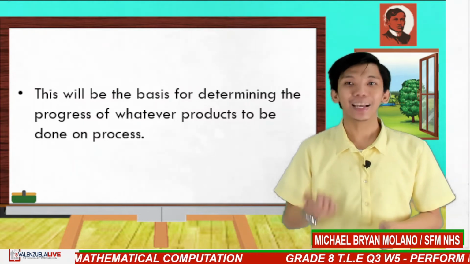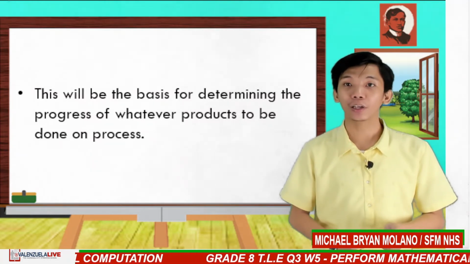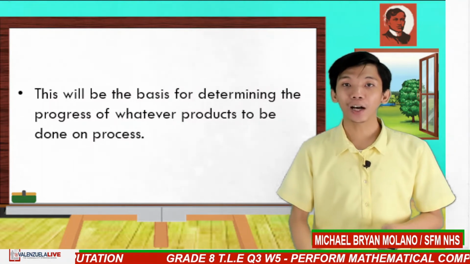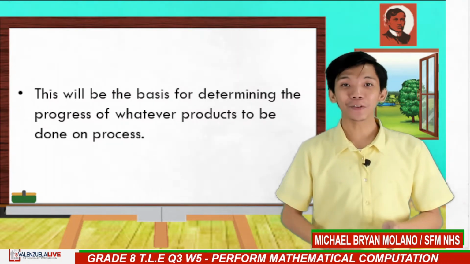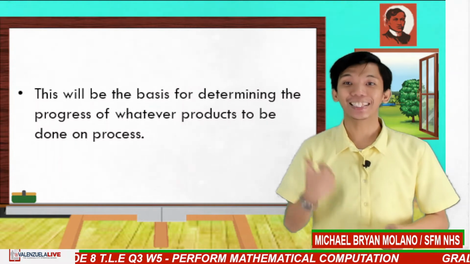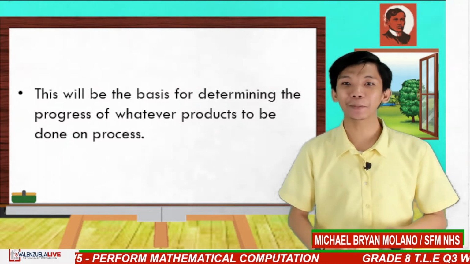At the same time, this will be the basis for determining the production of whatever products are to be made or processed. Now, we already know the importance of keeping a record and gathering data about ingredients. Let us study one of the recipes we have.